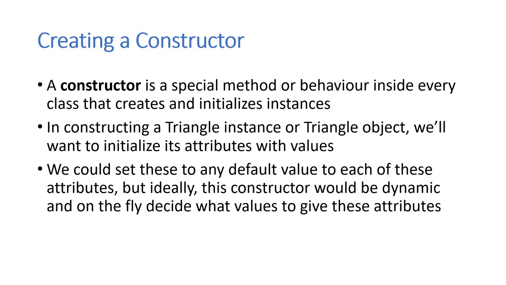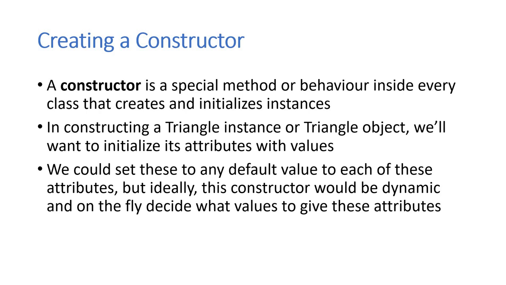In constructing a triangle instance or triangle object, we will want to initialize its attributes with values. We will want to give a value to the base, the height, and the sides of the triangle. We could set these to any default value, but ideally this constructor would be dynamic and decide on the fly what value to give to these attributes.